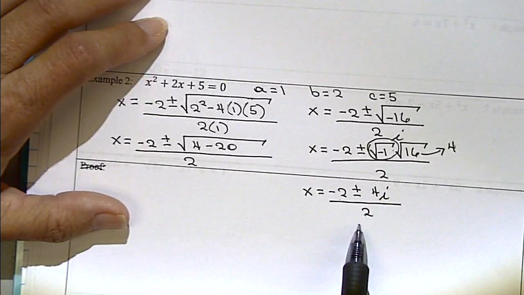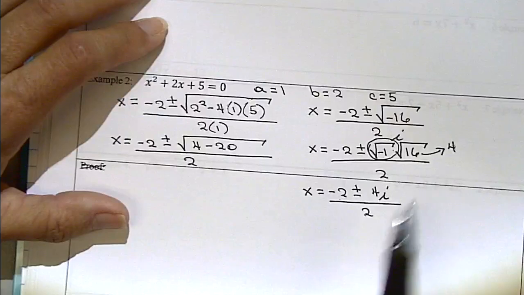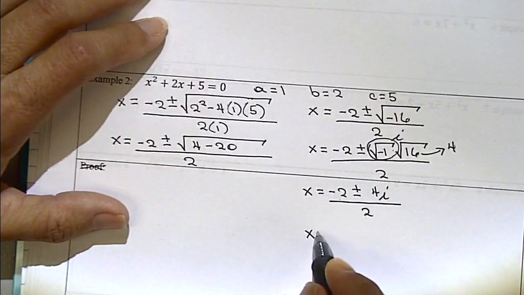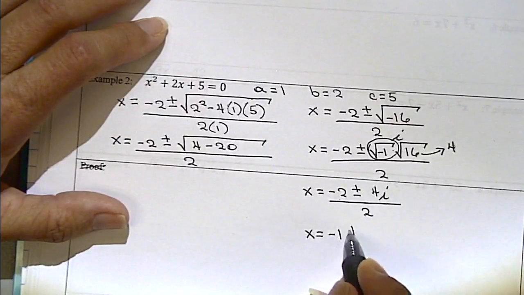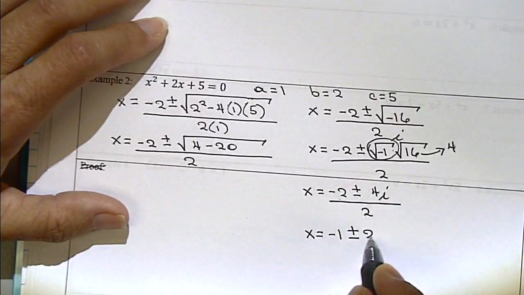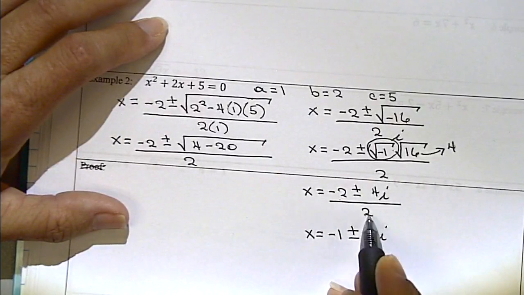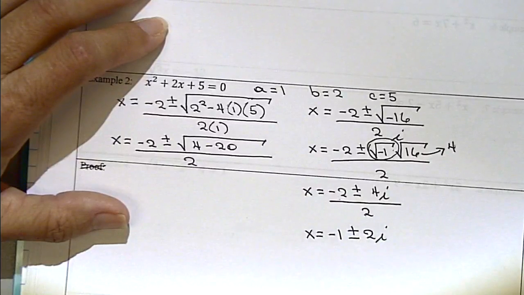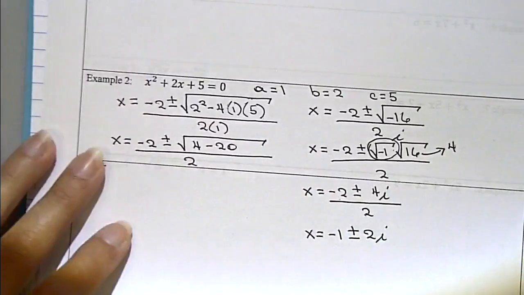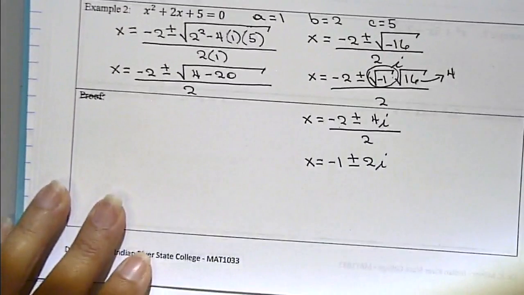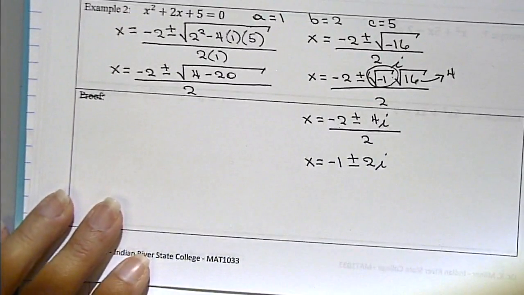So I can divide them all by 2. Negative 2 divided by 2 gives me a negative 1. 4 divided by 2 gives me 2. And 2 divided by 2 gives me 1. So I don't have a denominator anymore. That's my answer. Negative 1 plus or minus 2i.